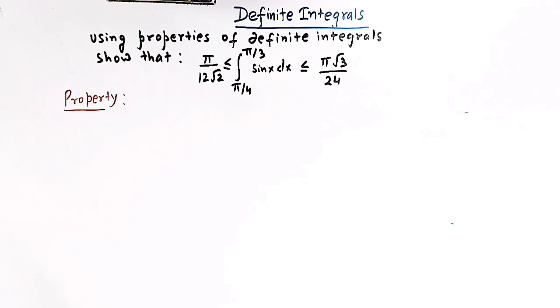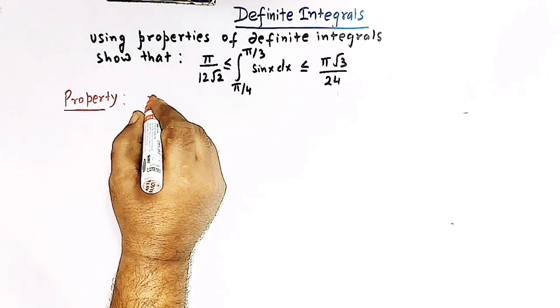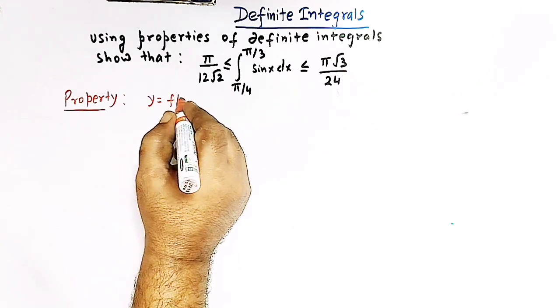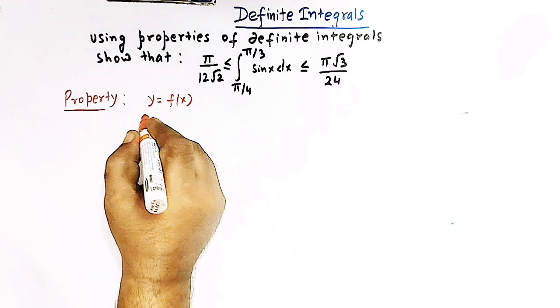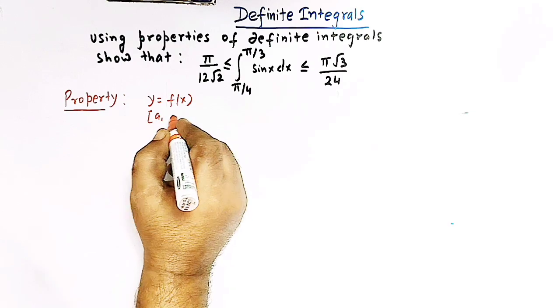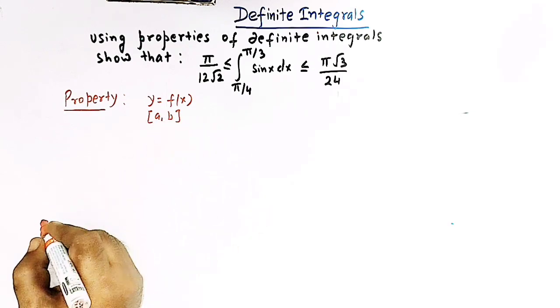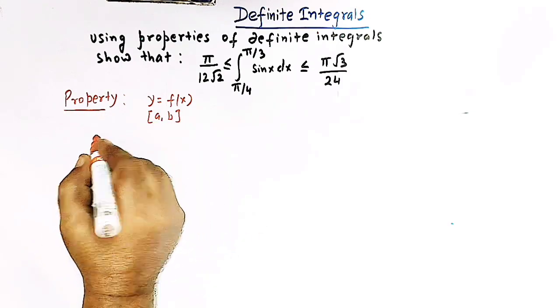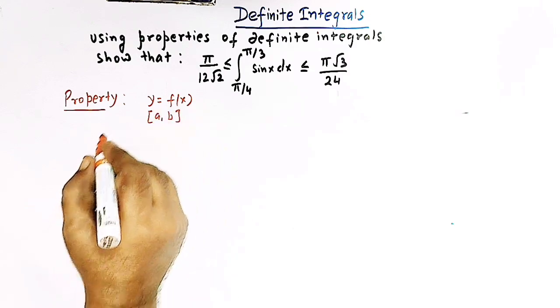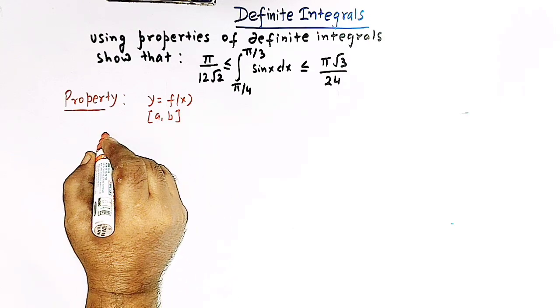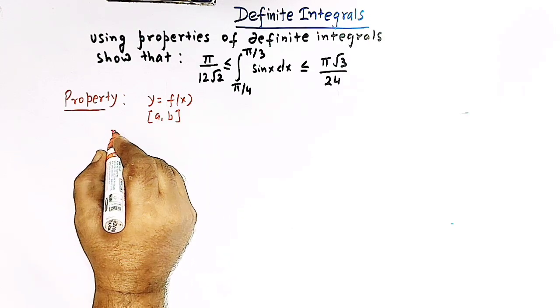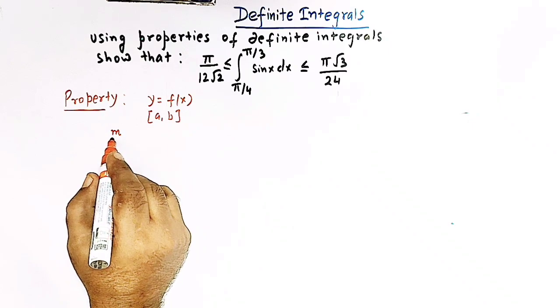So let us first state the property. Suppose we have a function, say y is equal to f of x, which is a continuous function in the interval a comma b. And let us suppose that this function y is equal to f of x has a minimum value as small m.